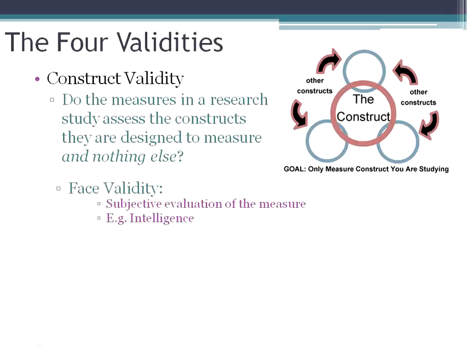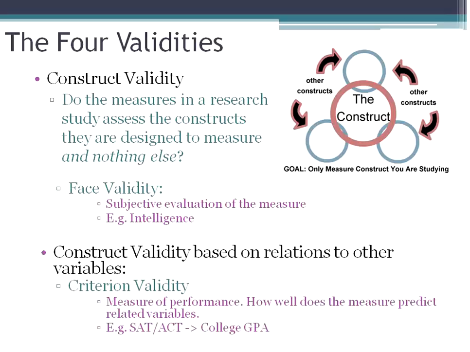You can think about this as sort of experts taking a look and saying, like, yeah, this sounds like it measures intelligence. And these questions look like they measure depression. It's sort of the weakest form of validity, but it's just this idea of like, hey, when I read these, they sound to me and they sound to experts like questions that will measure this construct that we're interested in.